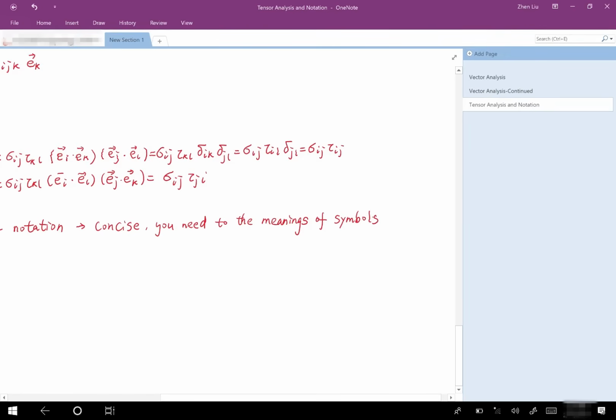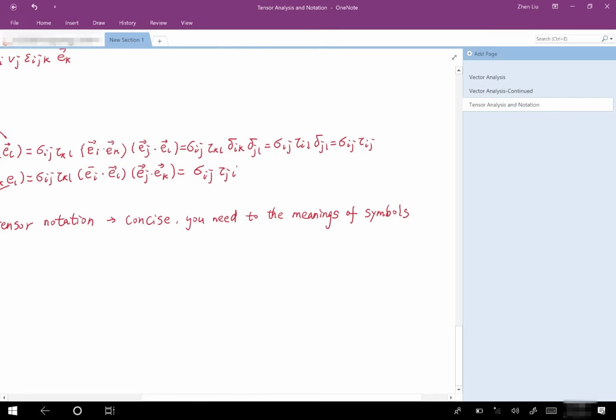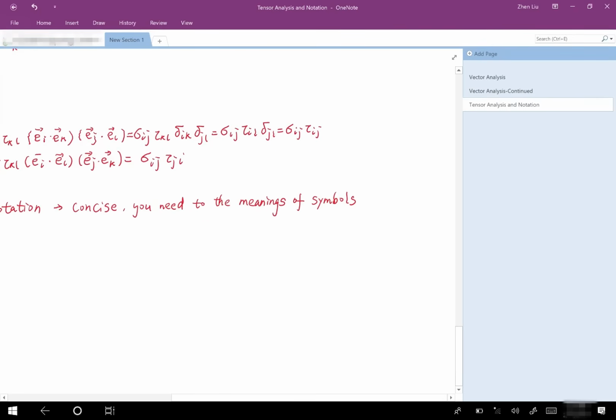Symbols means both the variables and also the operators.